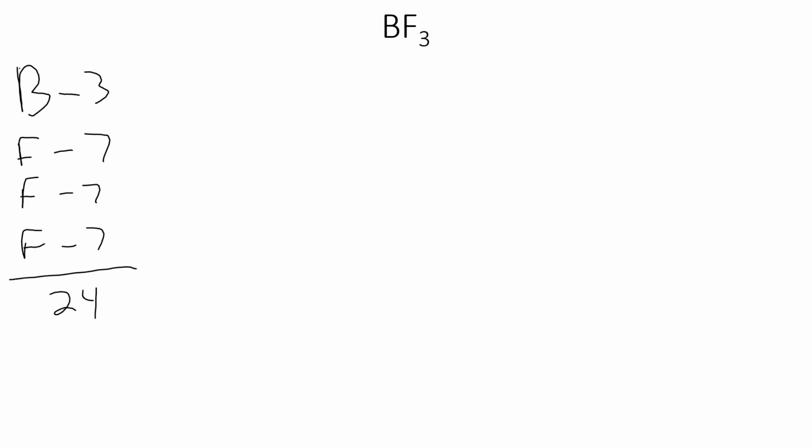So when we think about the Lewis structure, we would definitely start with boron as the central atom. Fluorines would be our outer atoms. You would complete the octet of electrons around each fluorine by making lone pairs, so 3 lone pairs around each fluorine.